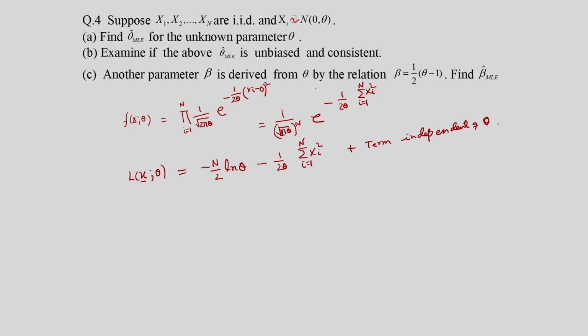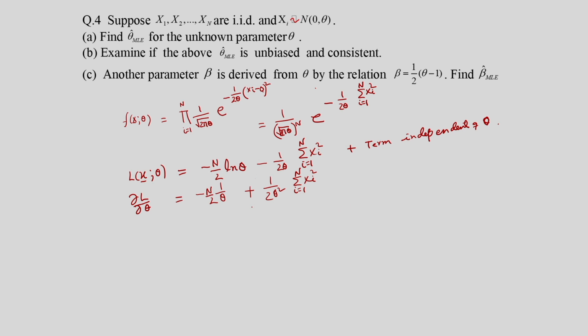Now, we will take the derivative, del L del theta, that will be equal to minus n by 2 into 1 by theta, and minus minus will be plus 1 by 2 theta square summation xi square, i going from 1 to n, and this last term's derivative will become 0.